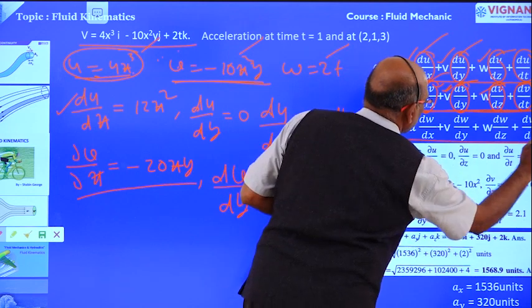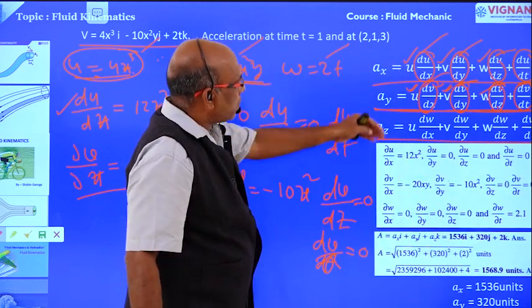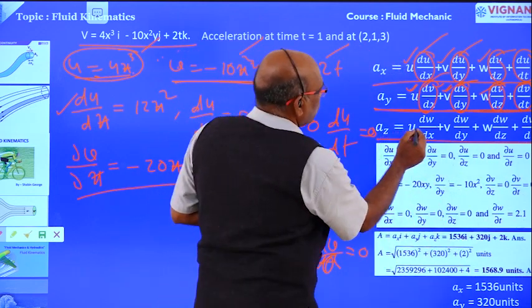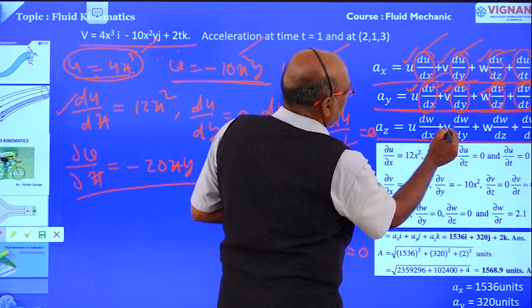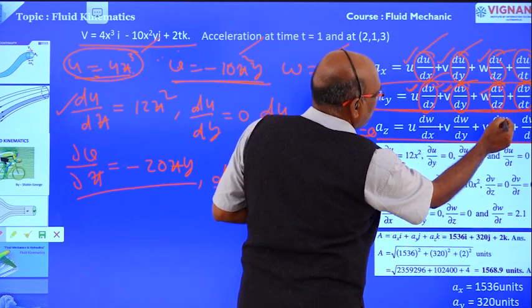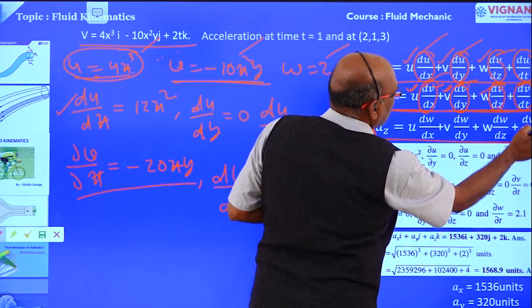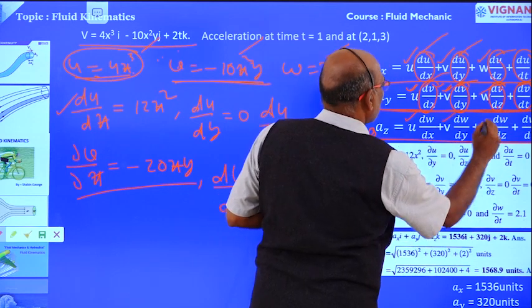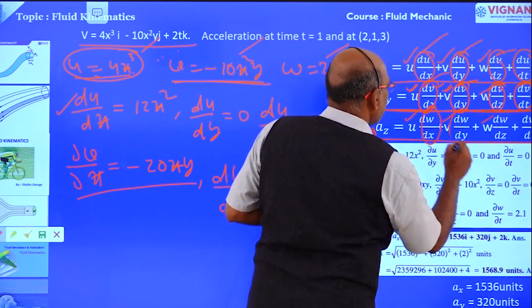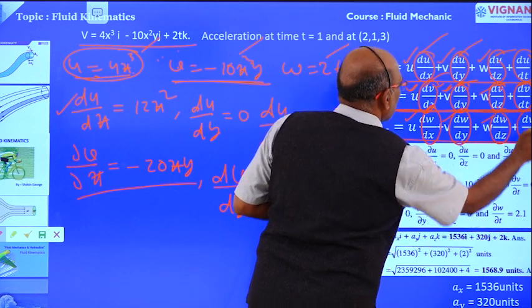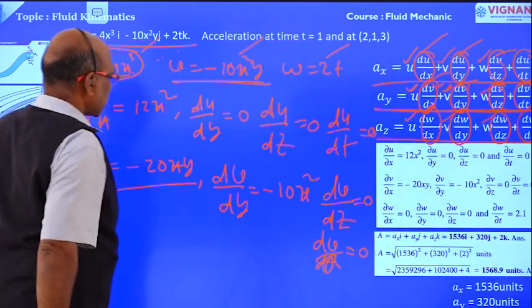And last one, the acceleration in z direction, az is equal to u into dw by dx plus v into dw by dy plus w into dw by dz plus dw by dt. These values already known to us. We are going to determine these values, right?